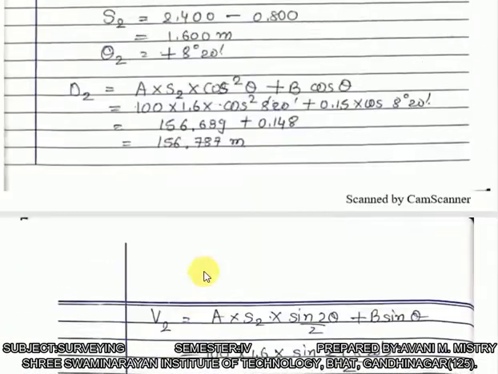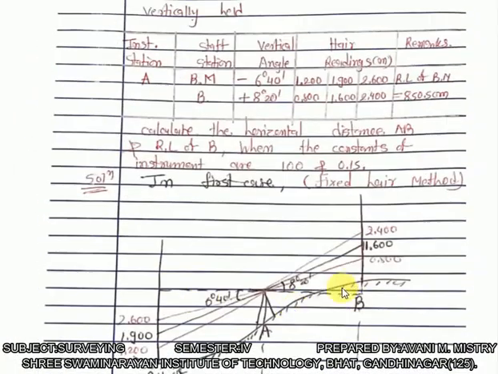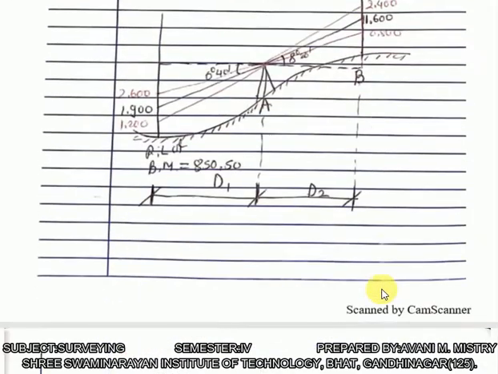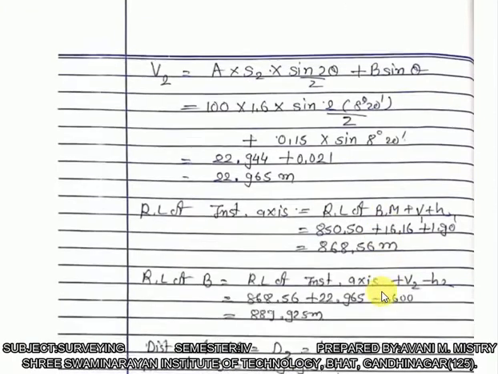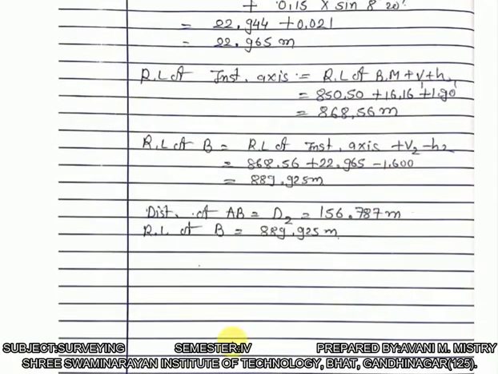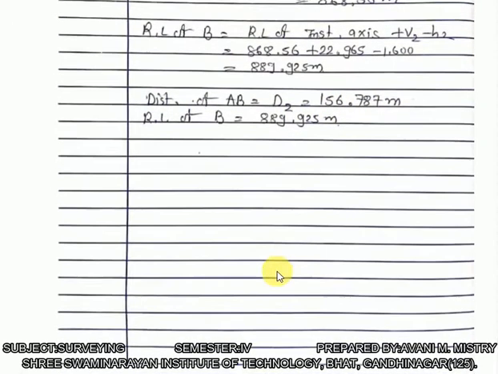Then RL of B: to find the RL of B, the RL of the instrument axis plus the value of V2 minus the value of H2. That is 889.925 meter. Distance AB, D2, is equal to 156.787 meter, and RL of B is equal to 889.925 meter.